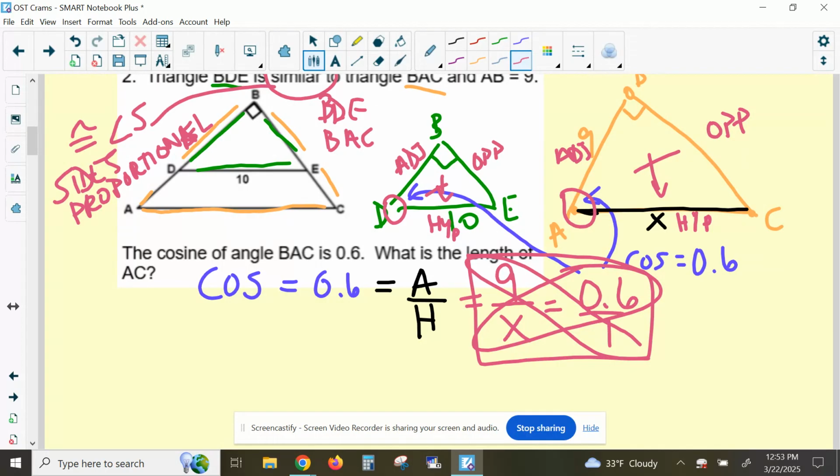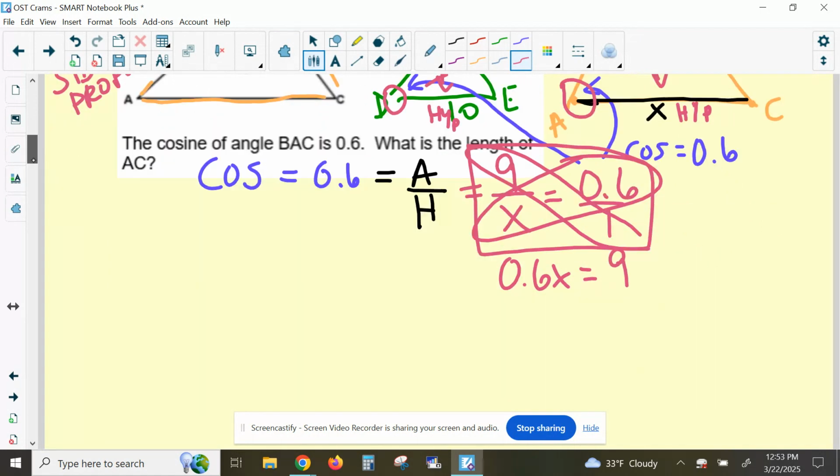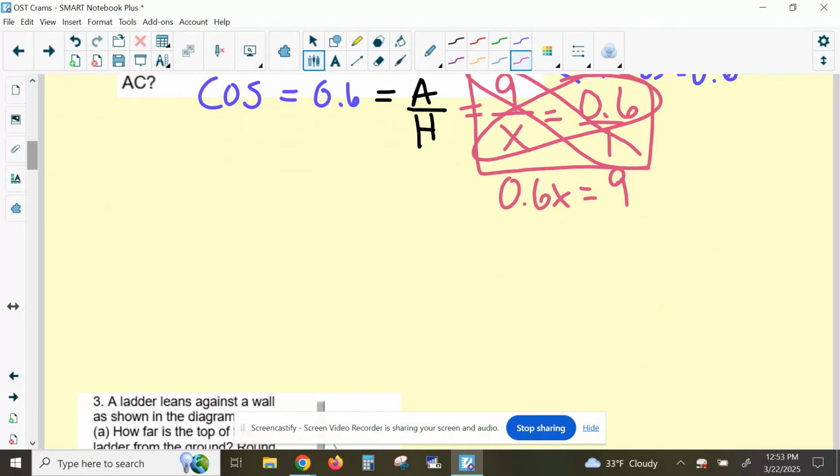So x times 0.6 is 0.6x, equal to 9 times 1, which is 9. Okay, so now I'm going to try to get x by itself. To get x all by itself, I have to divide out 0.6. So I've got 9 divided by 0.6 equals 15. So x is equal to 15. So I'm going to put that in my picture.